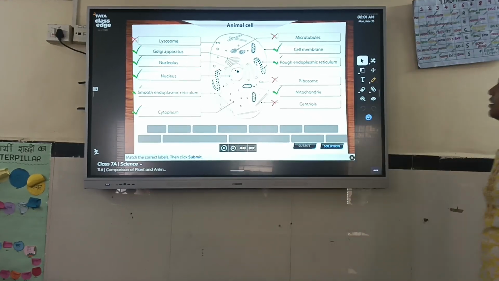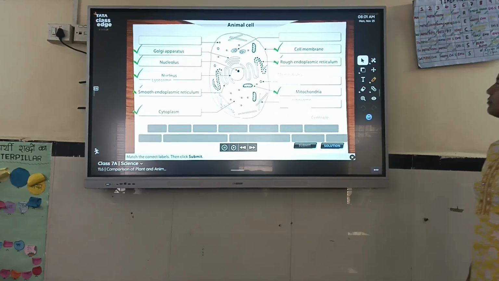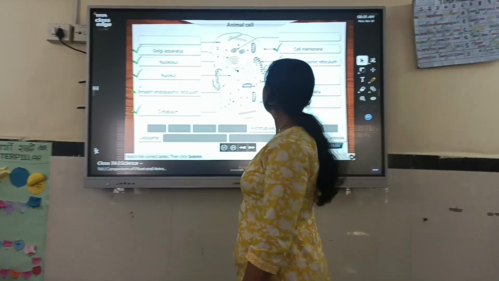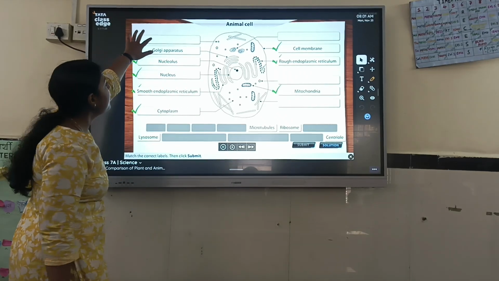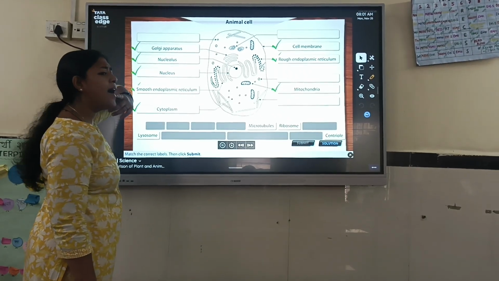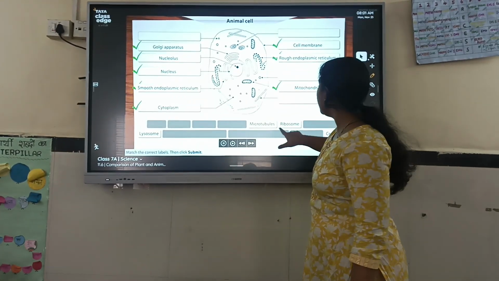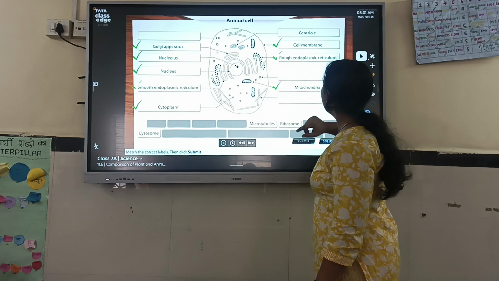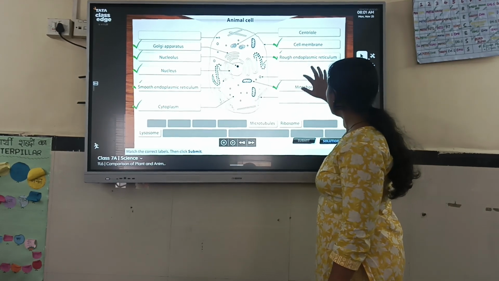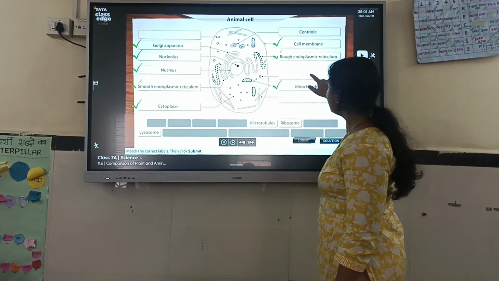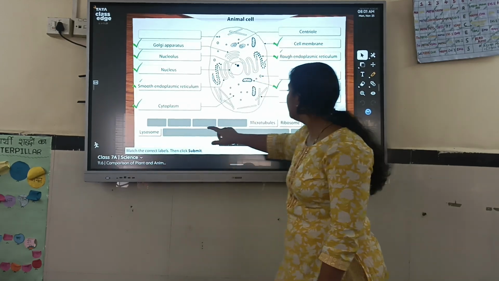Okay. Not quite. Try again. This is centriole. Okay. What about this? It's lysosome. Yes. Okay.